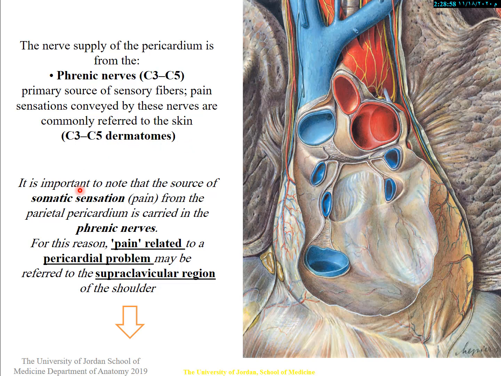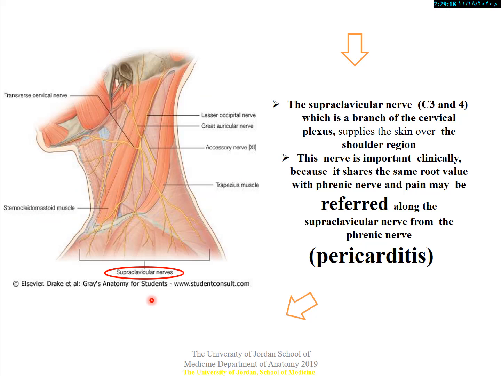It is important to note that the somatic sensation, pain, from the parietal pericardium is carried in the phrenic nerve. For this reason, pain related to a pericardial problem may be referred to the supraclavicular region of the shoulder area or the shoulder joint.